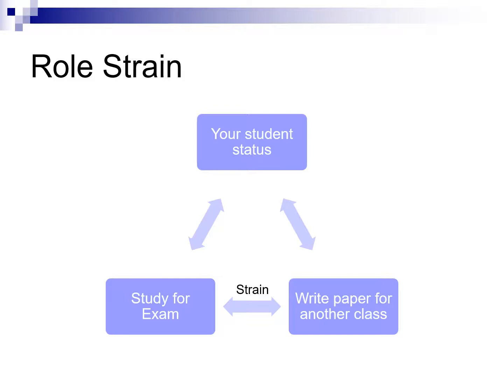Sometimes you have to study for an exam, but on the same day, your paper is due for another class. So you have two role expectations that are causing a strain, that are like overloading you. So that's role strain. It's one status in which there are conflicting or too many role expectations.